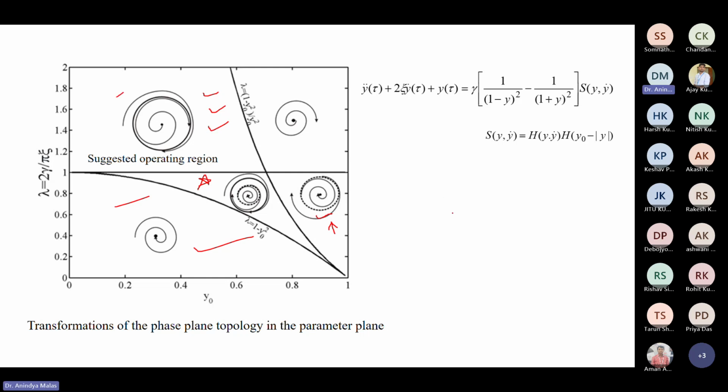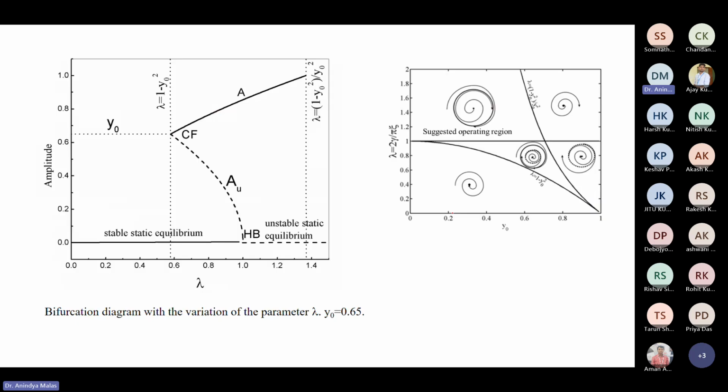And so, some bifurcation is also shown. What happens if we change the value of voltage from 0 to 1.4? You can see from 0 to 0.6, there is no oscillation.